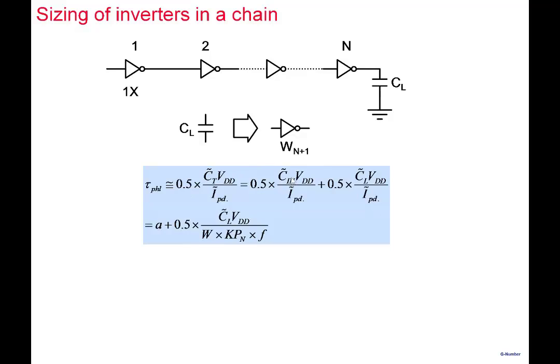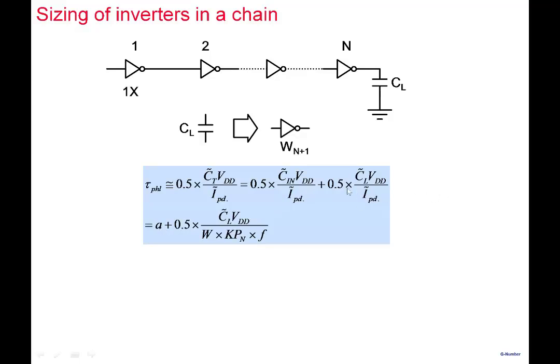Because as I increase the size of an inverter, the capacitance would increase and the current would also increase, and the two would, to the first order approximation, cancel each other. So this first part we are calling a constant A, the intrinsic delay of that particular inverter.